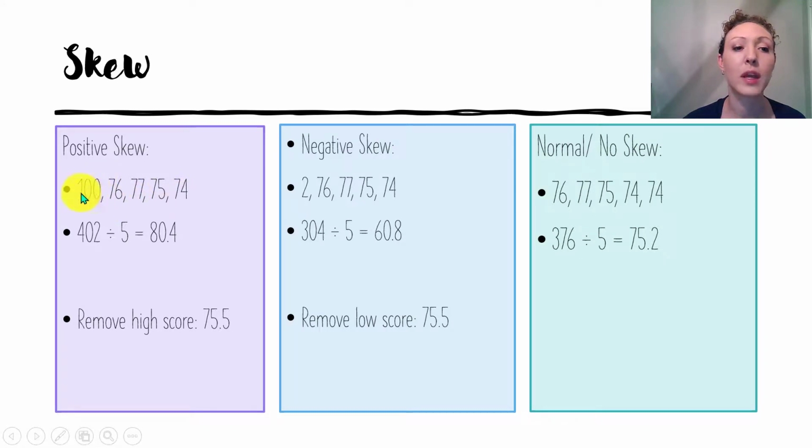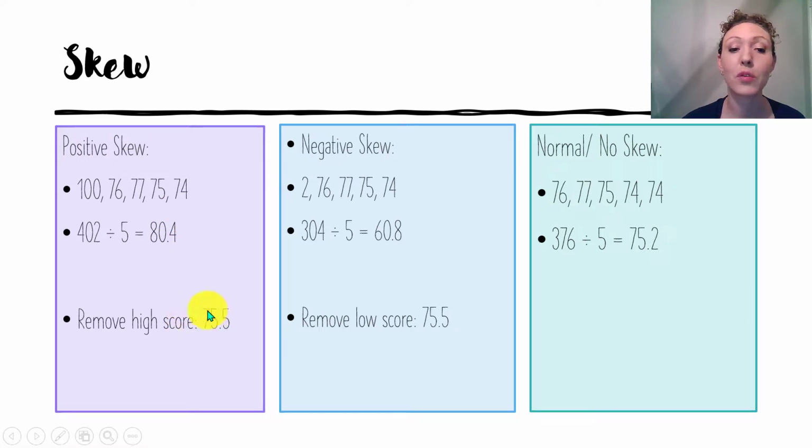And if we throw in a score of 100 and then we find the average for that, when we add all these scores up, we're going to get a value of 402. When we divide that by 5, that shows us our average score being 80.4. Now, the problem with this is that the majority of our scores aren't at 80.4. So as you can see, it is making the average much higher than it actually is.